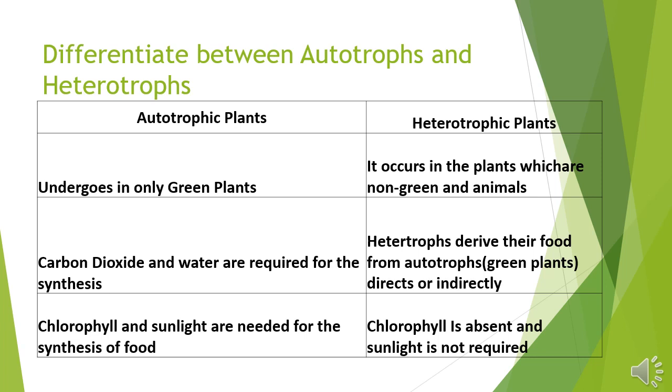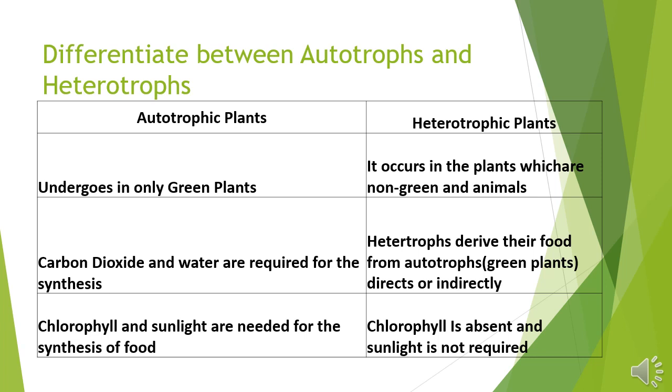So now we are going to differentiate between the autotrophic and heterotrophic plants. Focusing on the autotrophic, it occurs only in the green plants. The leaf should have the green pigment. And the heterotrophic occurs in all the non-green plants and animals.